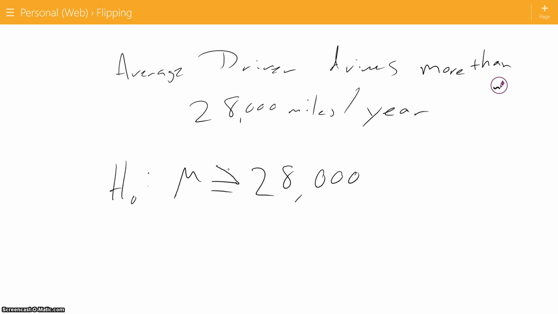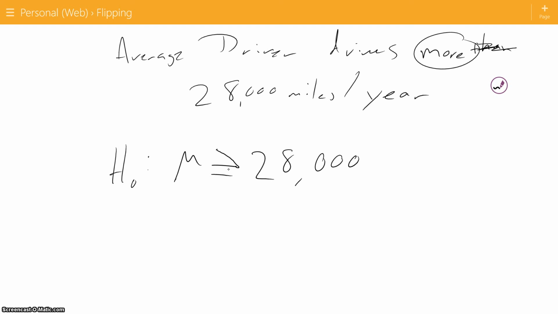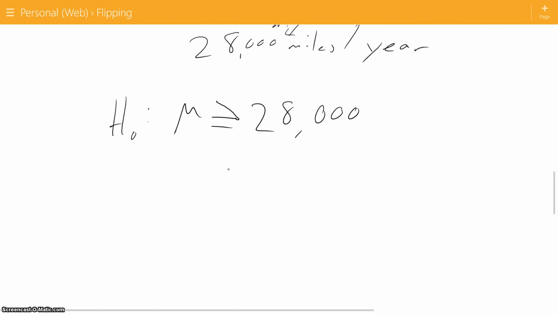Now we've got mu, your mean, is greater than or equal to 28,000. Okay, well, quite technically, I suppose I should do this. 28,000 or more miles per year. We've got to have that equality in there one way or the other.